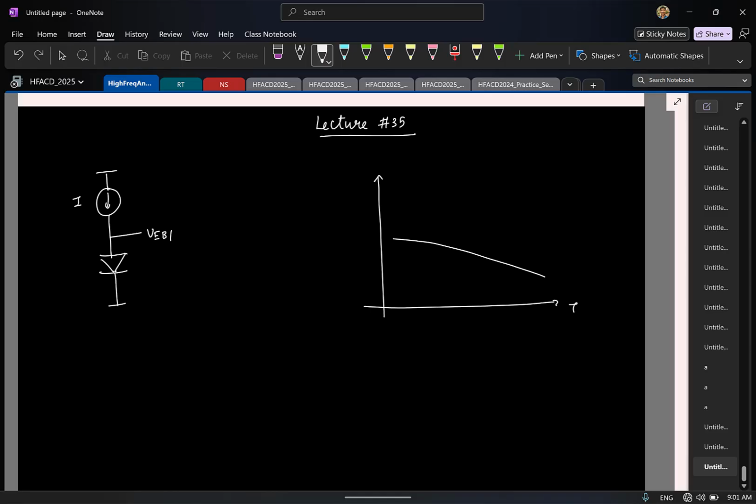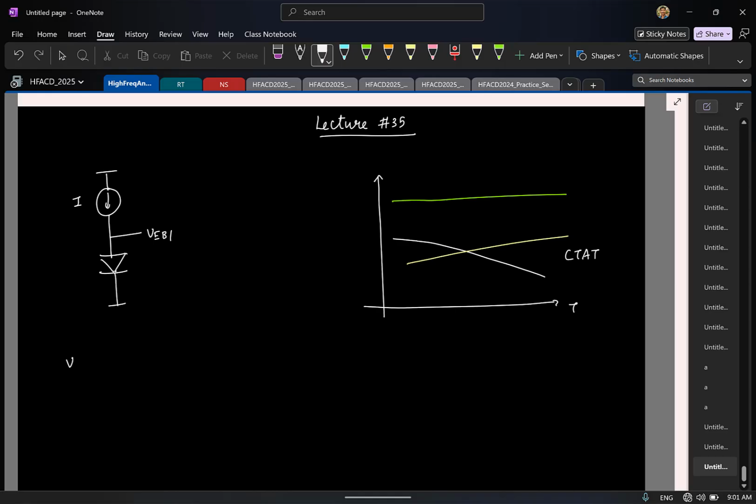This is what we refer to as complementary to absolute temperature, or CTAT. But our goal is to get a voltage reference which is constant with temperature. So the idea was to generate another voltage that increases with temperature, and then you can scale the two voltages so that their slopes cancel, so that you get a zero slope here.